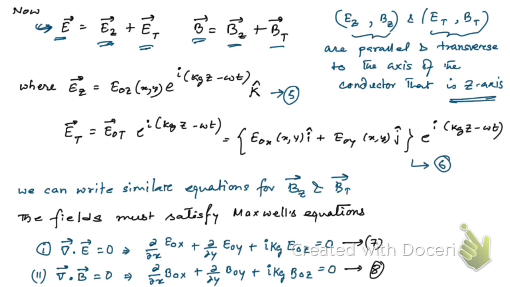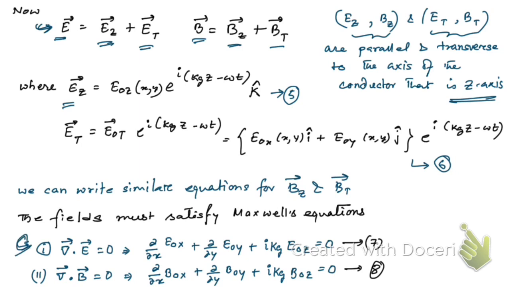Ez can be written as E naught z times e to the power of this, where k cap is the unit vector along the z axis, and the transverse component consists of E naught t vector times e to the power of this, which has an x component and a y component. I hope you have understood this. Now this field must satisfy Maxwell's equations.